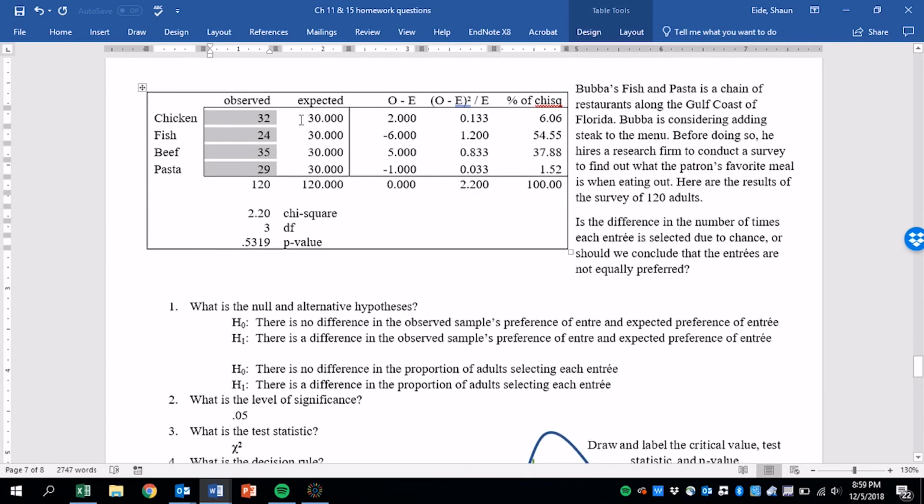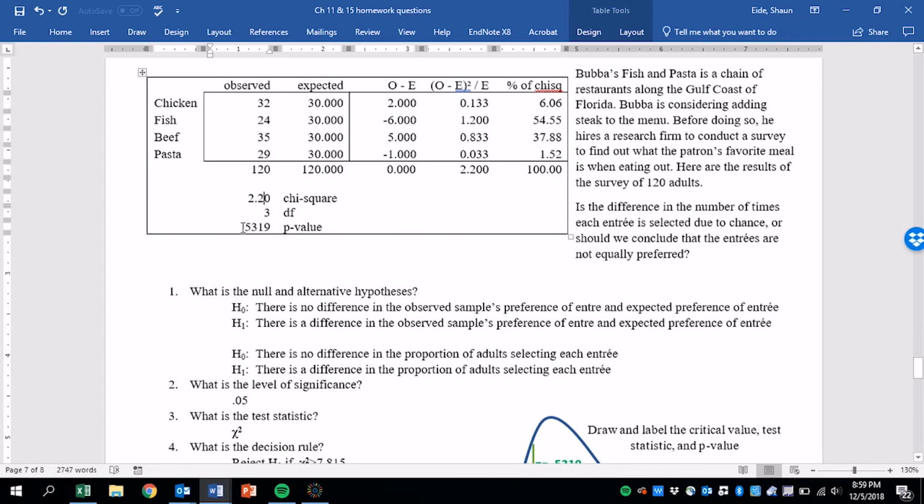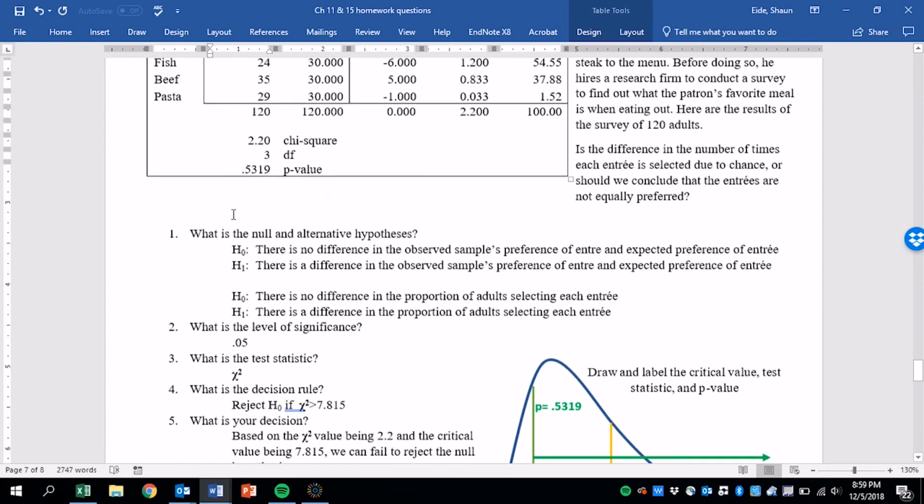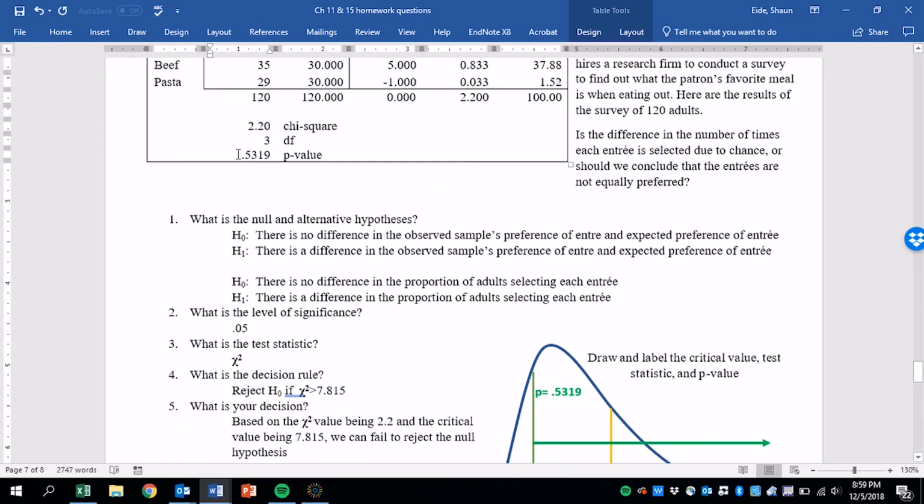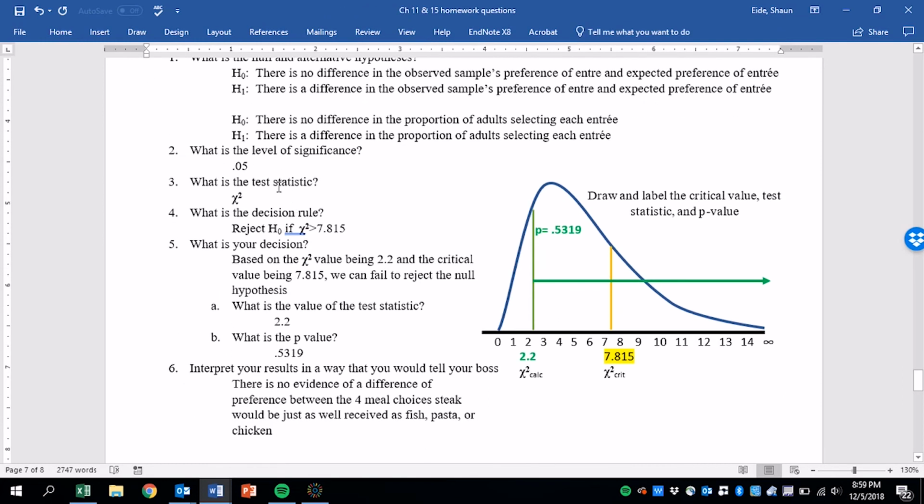In this case, we expected it all to be identical, so the goodness of fit is it was really close to it all being identical, because 2.2 chi-squared, we could have gotten that randomly, or something more extreme than that. There's a 53.19% chance that we got that just by chance. So that is chi-squared.